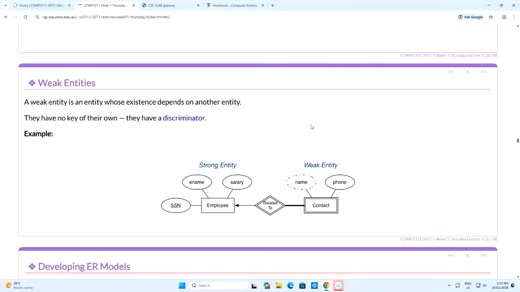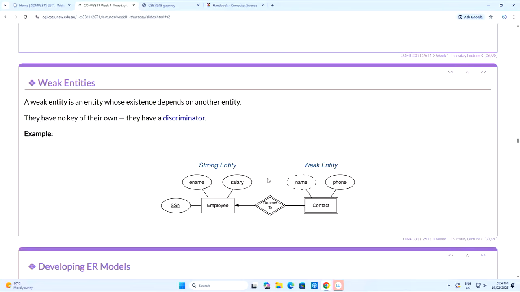When we have a multi-valued attribute, we need to create a table. And when we have a weak entity, we want to create a table as well. So when you are having trouble mapping an ER diagram into SQL, the rule is, when in doubt, create a new table, and then examine the database to see whether that table is necessary.